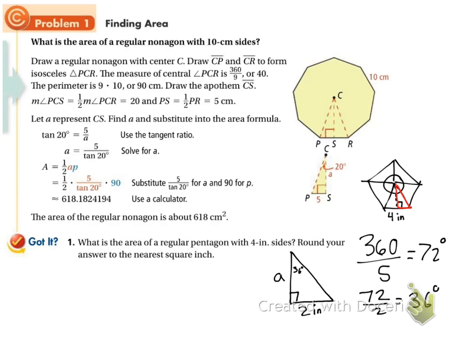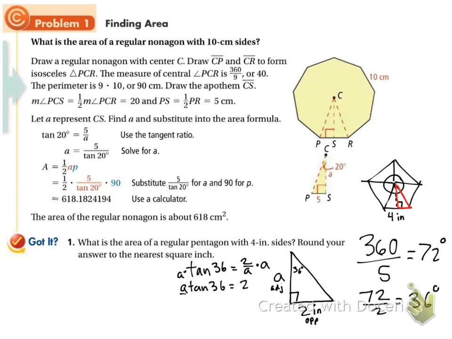Well, this is a right triangle, so I can use SOHCAHTOA. This is my opposite side, and this is my adjacent side. So if I'm using O and A, I need to use tangent. So the tangent of 36 is equal to opposite, my 2, over my adjacent, the A. And I need to solve for A. So I'm dividing by A right now, so I'm going to multiply by A. A tangent 36 is equal to 2.